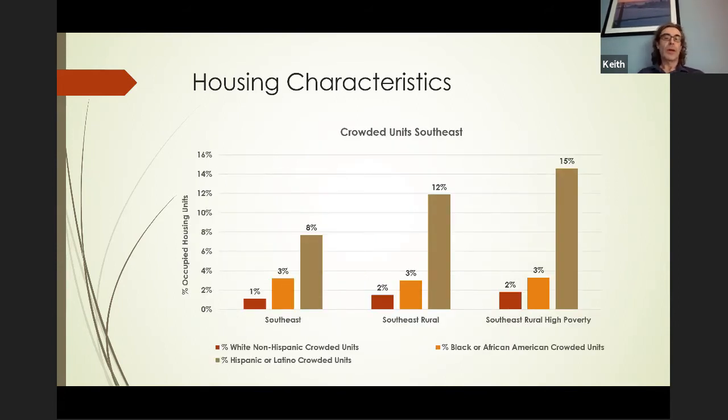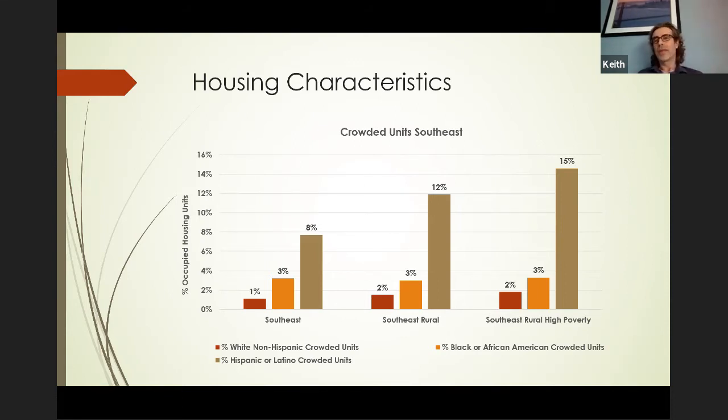One of the other areas we look at is crowding. In this one, I tried to break it out by white, Black, and Hispanic or Latino. You see the numbers for the Southeast rural and Southeast rural high poverty areas, and it's over 15% for the Hispanic population in the Southeast rural high poverty areas, crowded units. That population is growing.